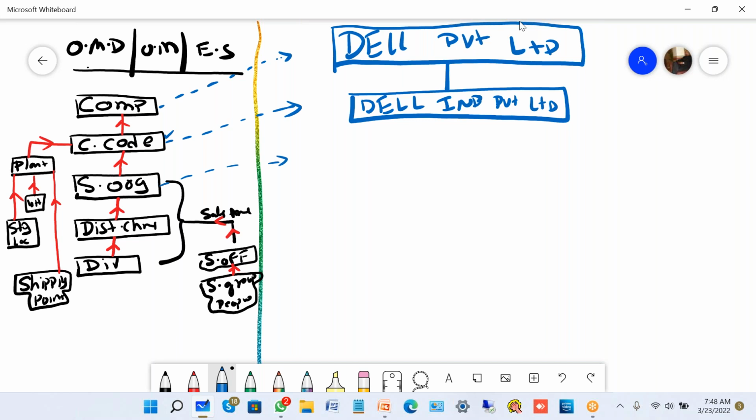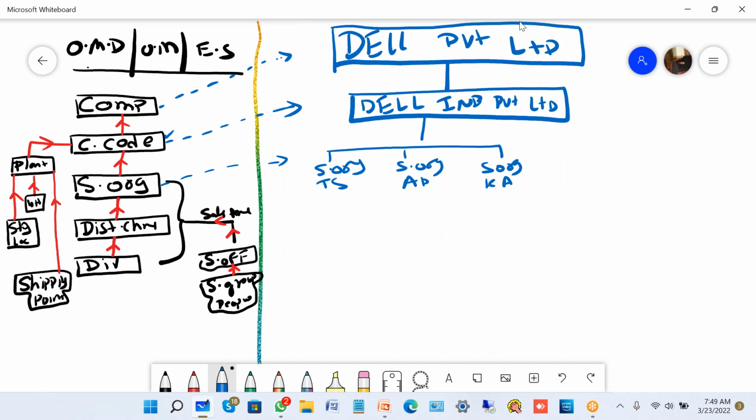Sales organization is all about a sales location. For example, I'll take here sales organization Telangana, sales organization AP, sales organization Karnataka. Like this, you can take as many as you want.